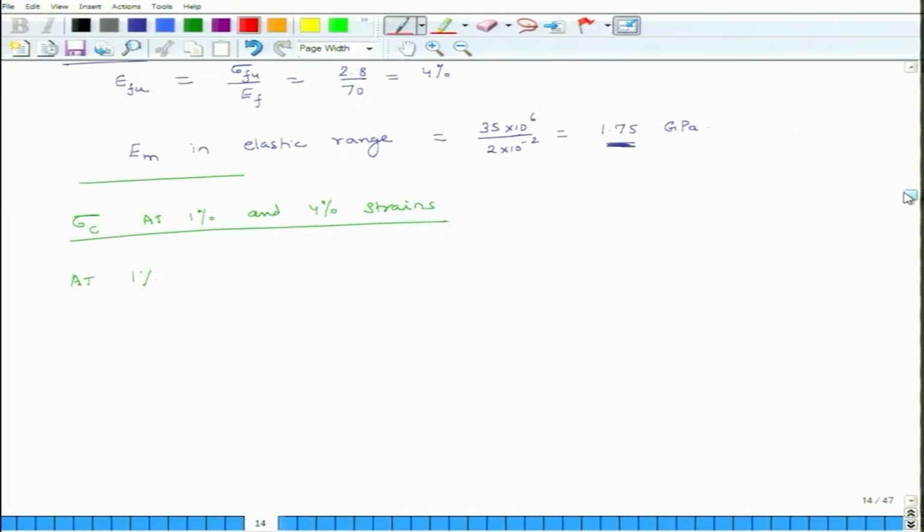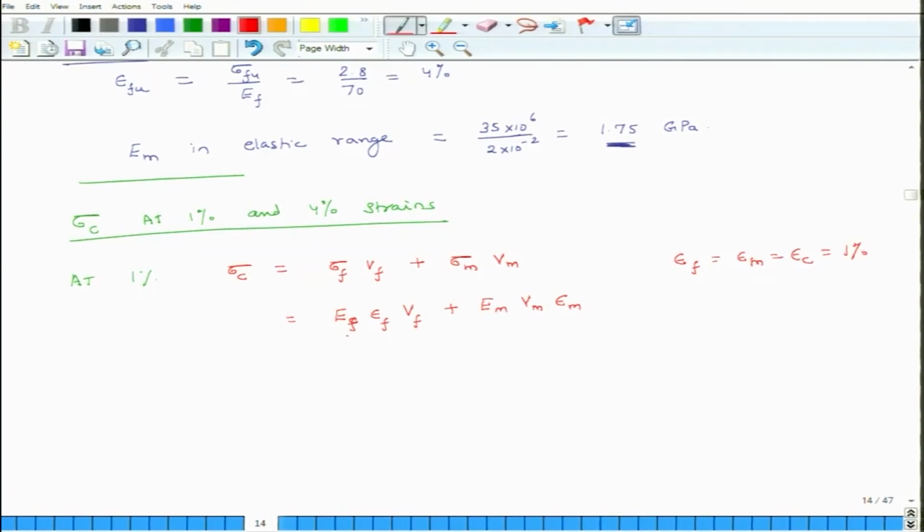So, at 1%, sigma C is equal to sigma F Vf plus sigma M Vm, and this is equal to Ef epsilon F Vf plus Em Vm epsilon M, and we know that epsilon F is equal to epsilon M is equal to epsilon C is equal to 1%.